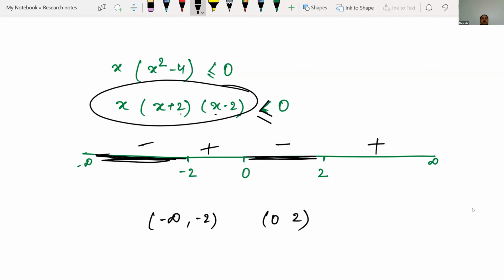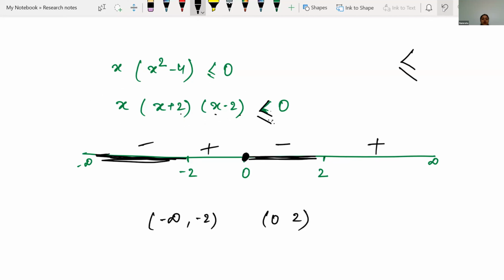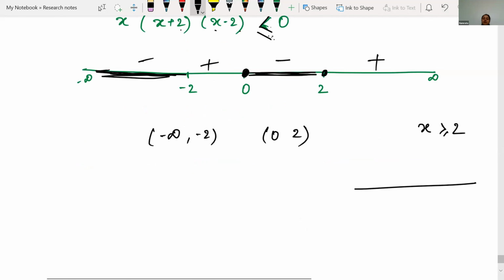Now here we have an inequality sign where equality is also there, like less than or equal to. If you have done the inequality chapter, you know the graph of such a function has a solid circle over here, a solid circle over here. When we draw the inequality for x greater or equals to 2, the graph will be a solid circle at 2 and then this side.